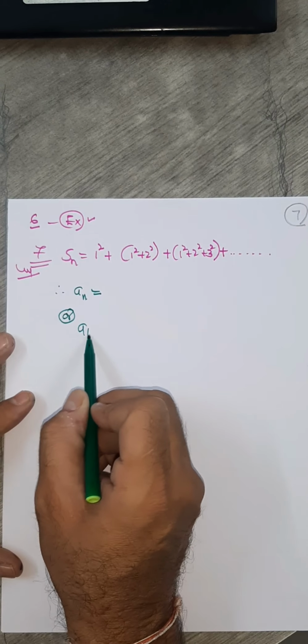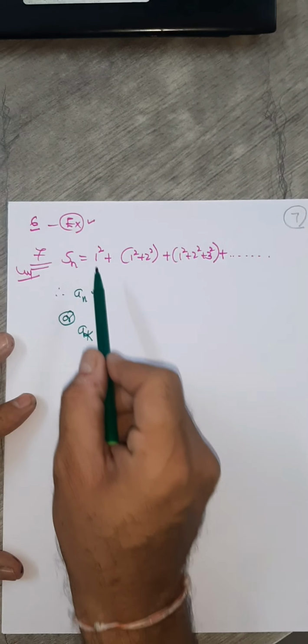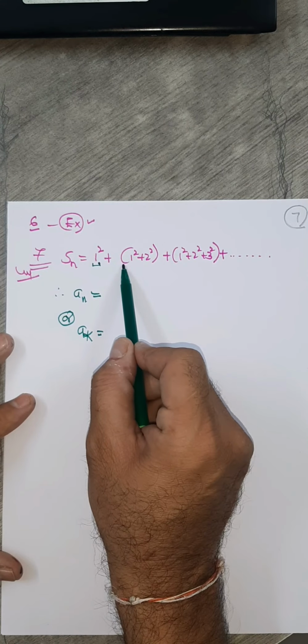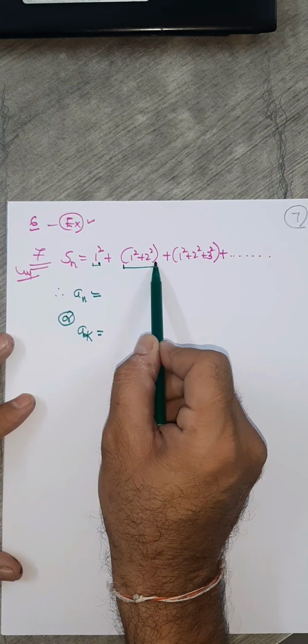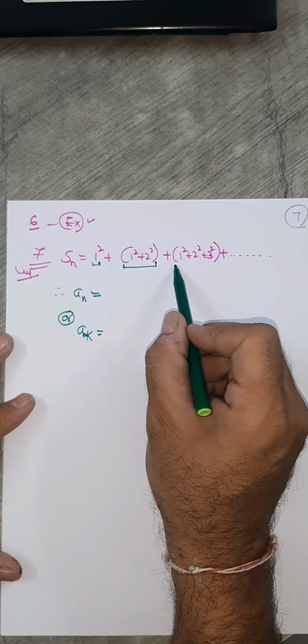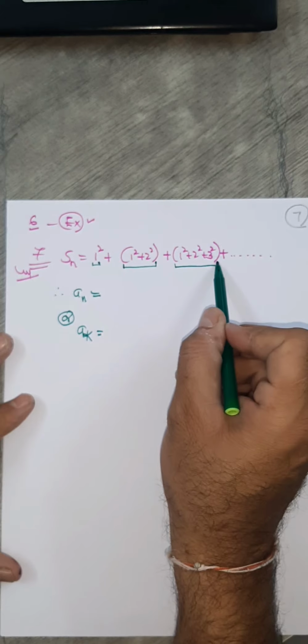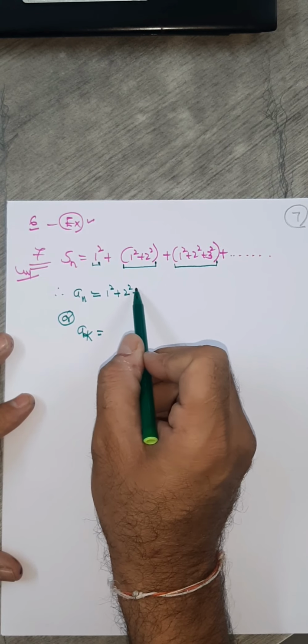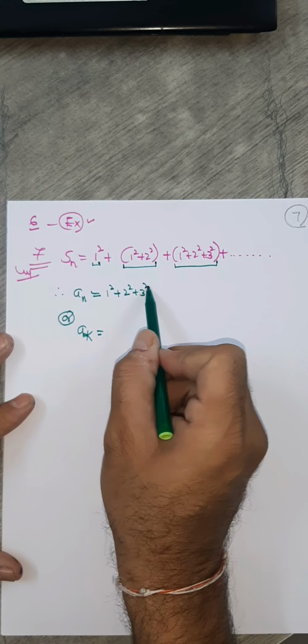I repeat, it sounds very common. In the first term, 1 square alone. In the second term, 1 square plus 2 square.